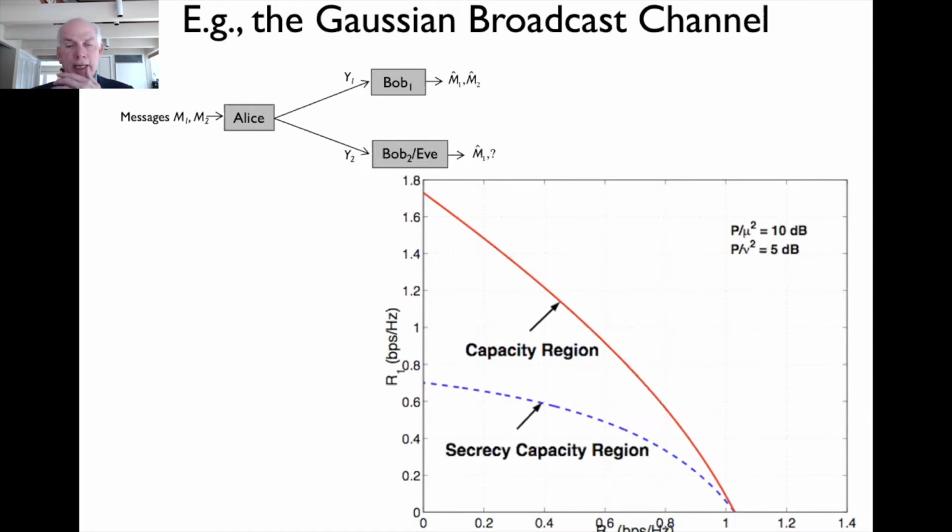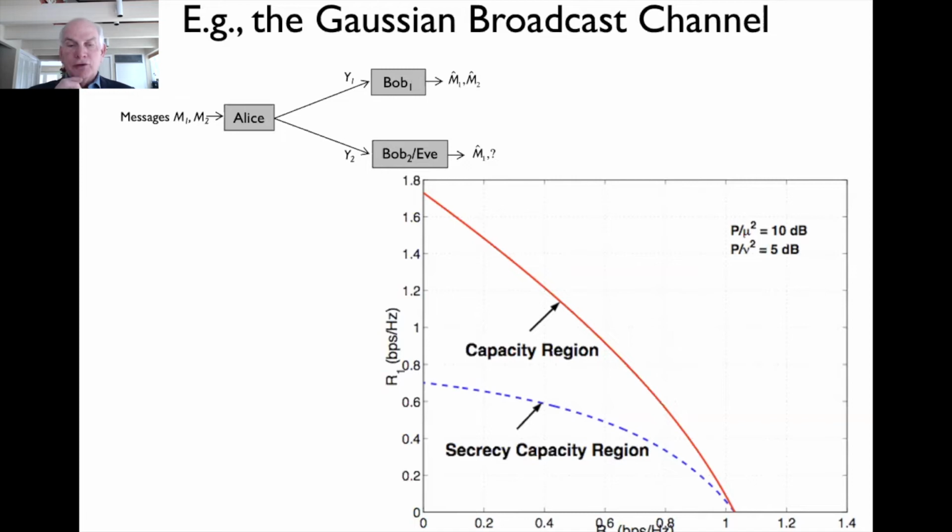You can see that we don't lose much in this particular example in the common rate, that is the horizontal range of rates, but we lose a lot in the rate of message 2. Basically, the gap between the red line and the dashed blue line is some extra capacity that we have to use in order to confuse the eavesdropper about the message. We do that by randomizing the message, and in doing that, we're using up capacity.